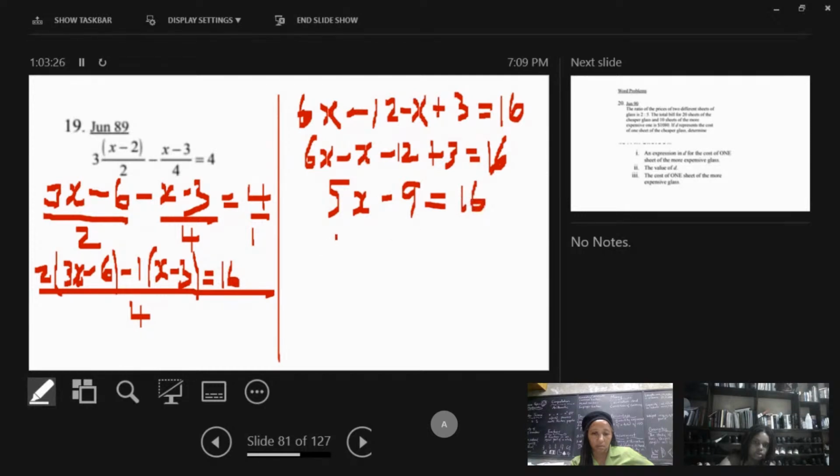And now we're going to add 9 to both sides. So 5x equals 25. And 25 divided by 5 is 5. So x is 5.